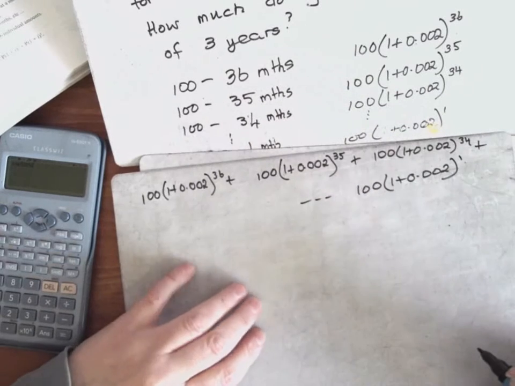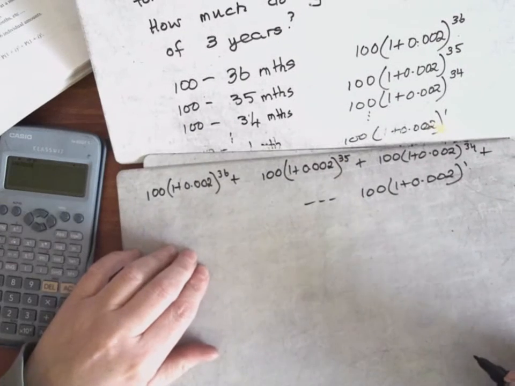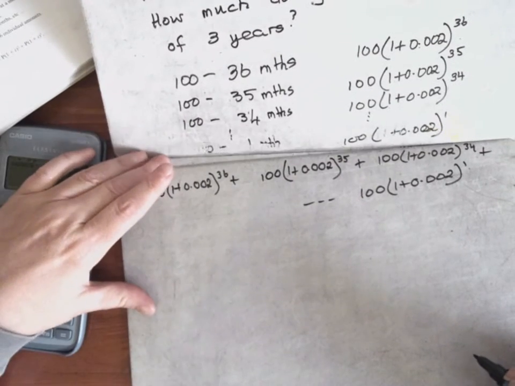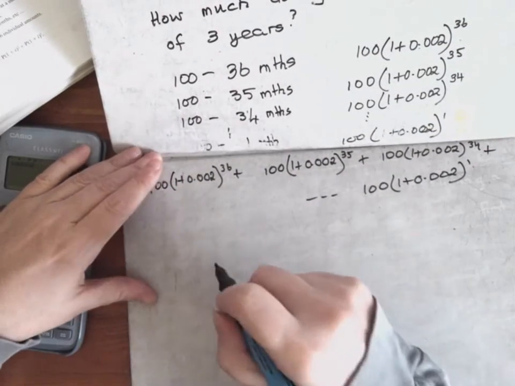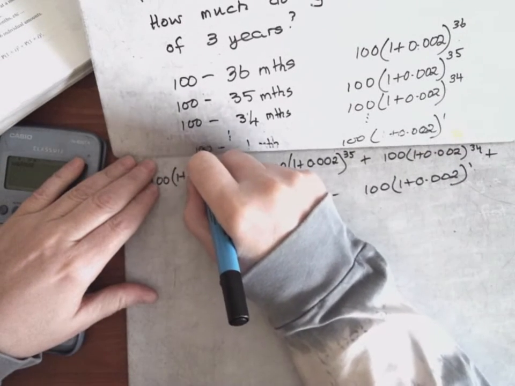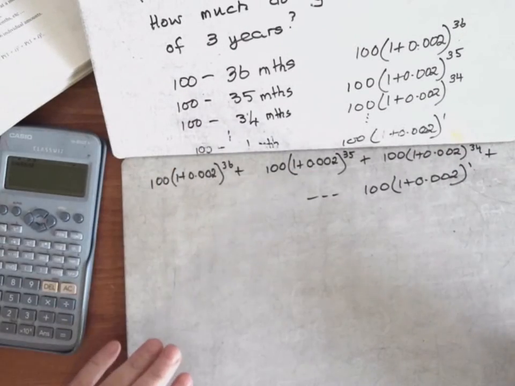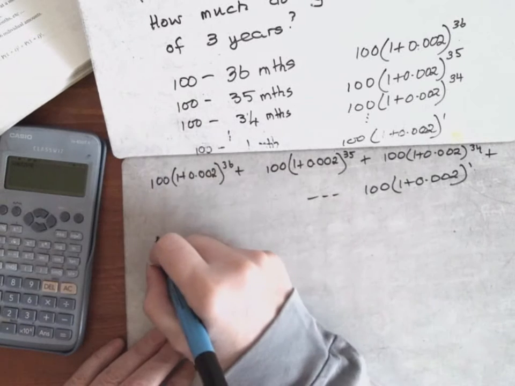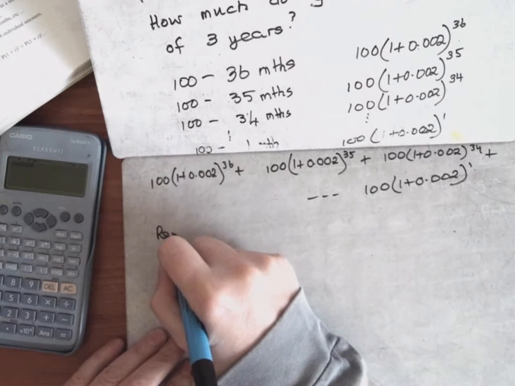So this is a geometric sequence. Think back to the sequences and series chapter. This is a geometric sequence, girls, that was written backwards. So I'm going to rewrite this backwards.